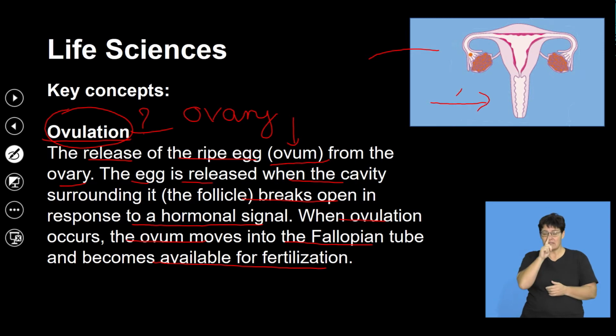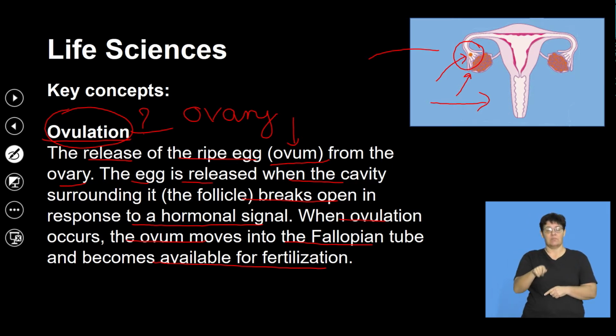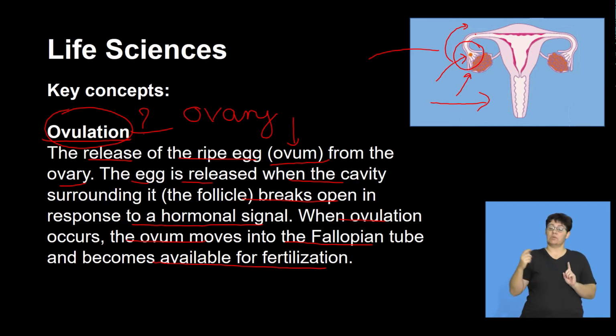We can see the ovaries situated in that space there. We also can zoom in on the release of an egg, and this release of an egg from the ovary is referred to as ovulation. This egg now travels down the fallopian tube in anticipation of a sperm cell that might approach. And so we say that the process of releasing the egg into the fallopian tube is called ovulation.